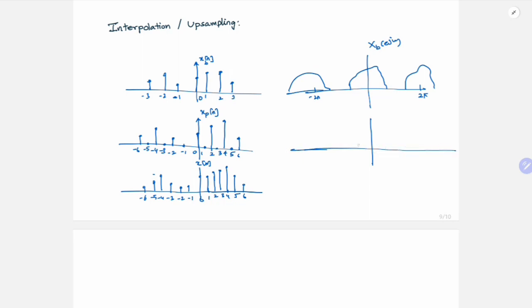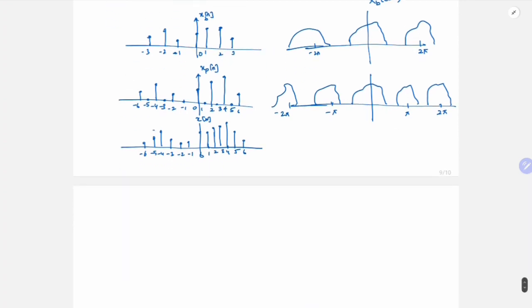I'll get 2 of them. So this is 1, and at pi I'll get 2, minus pi I'll get 3, at 2 pi I'll get more. Basically, if I interleave with n zeros, I'll get n replicas in an interval of 2 pi. Here from minus pi to pi, I get only 2 replicas.